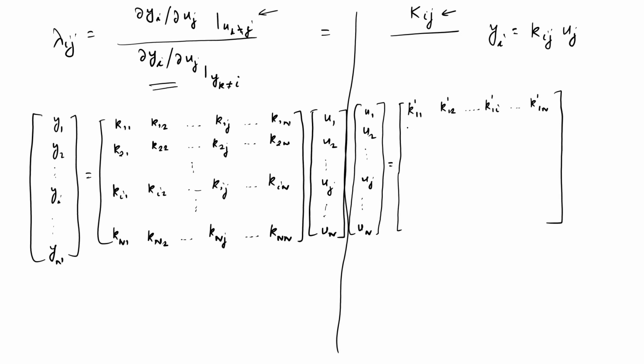This row would be k2 1 prime, k2 2 prime, k2 i prime, k2 n prime.